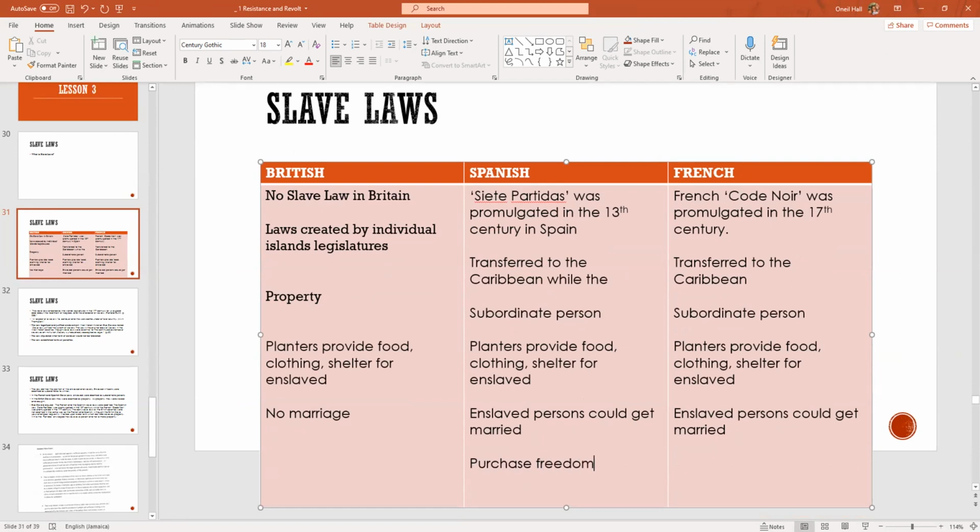When you purchase your freedom, what is the word we use? Manumission. Very good. So you could purchase your freedom, your manumission, with or without the master's consent. Was that the same for the French?